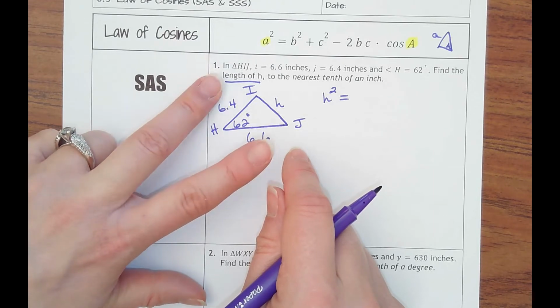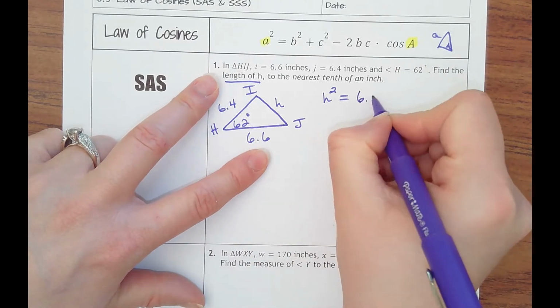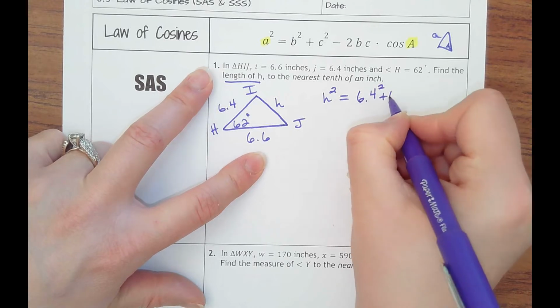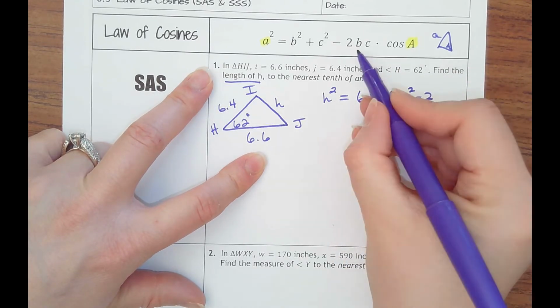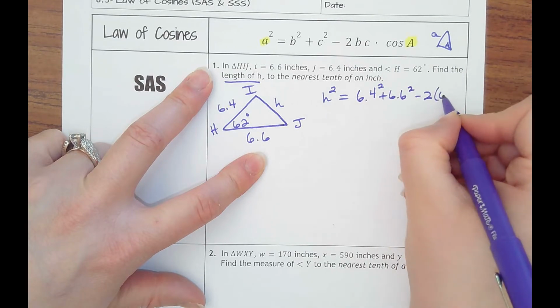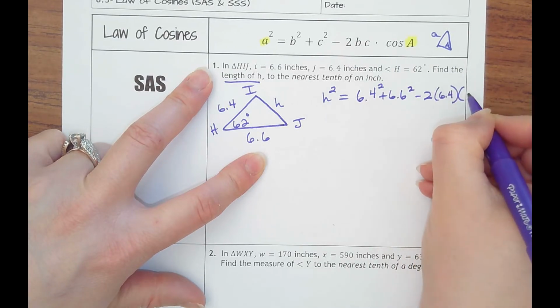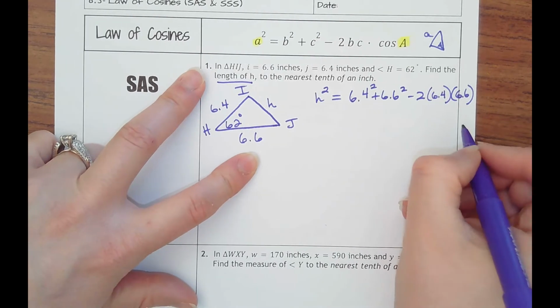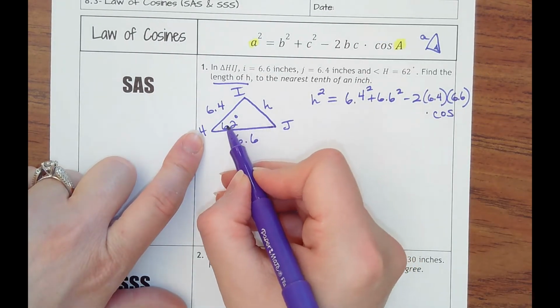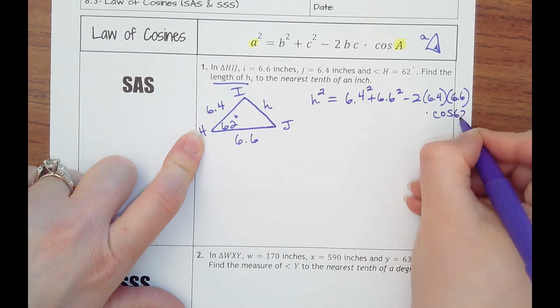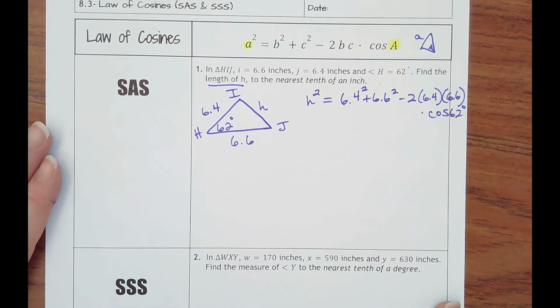It doesn't matter which one's which, but you're going to have these other sides squared minus 2 times those same sides again, times 6.4 times 6.6, times cosine of your angle that was across from the side you're trying to find. So that's cosine of 62 degrees.